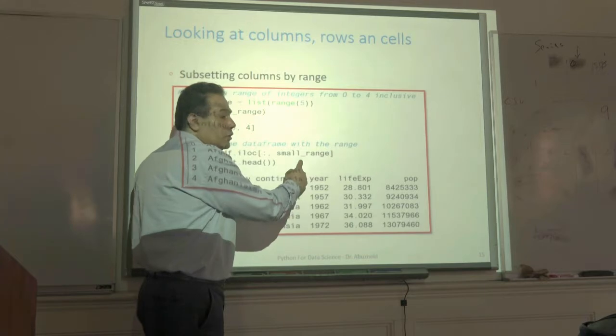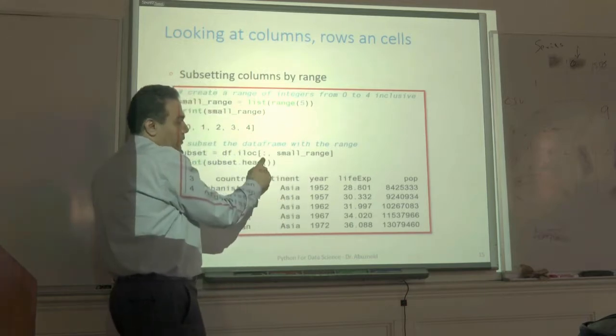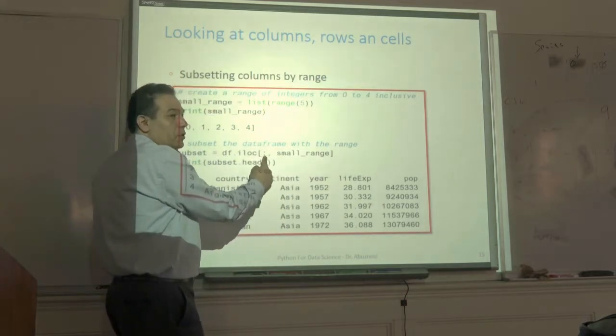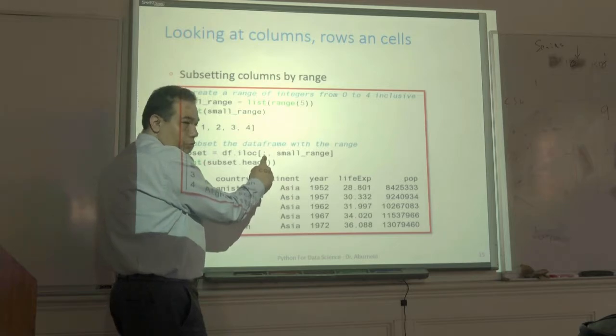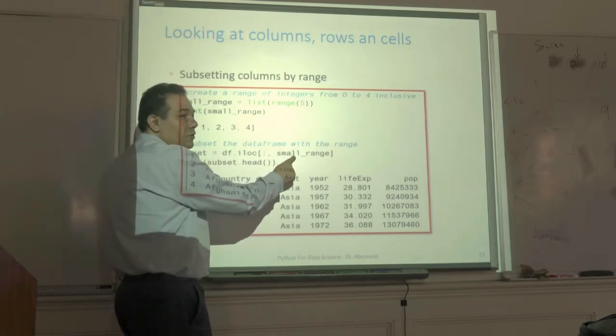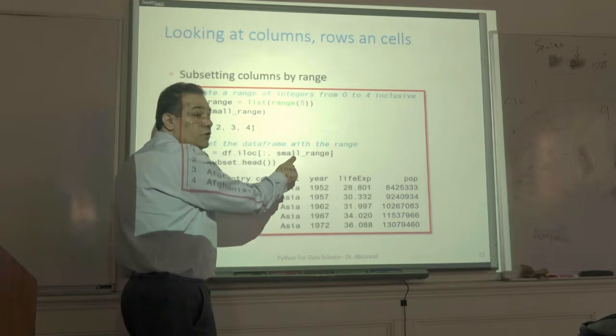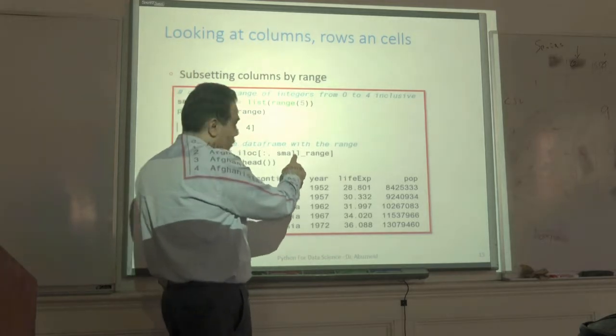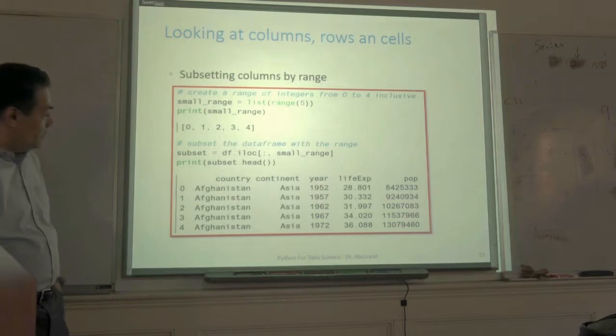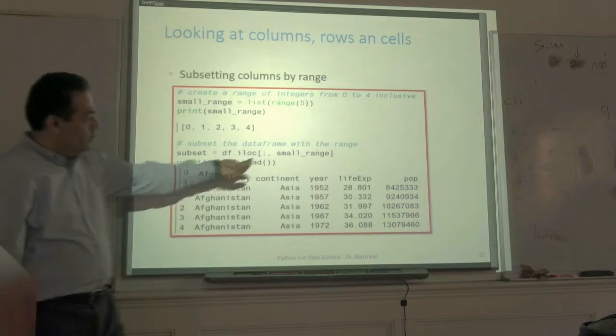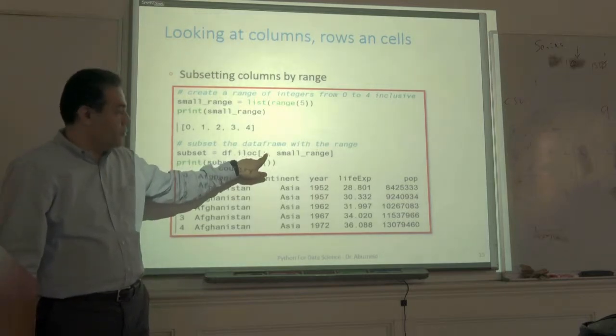The columns. So that means when you put a colon here, it will include all the rows, and here it will include the first five columns. So when it's printed, you're going to print all the rows because we put colon, everything, right?